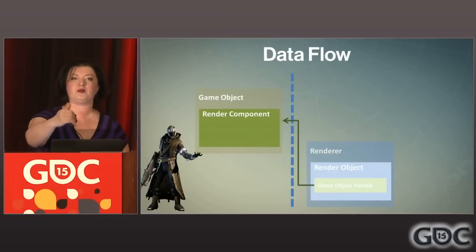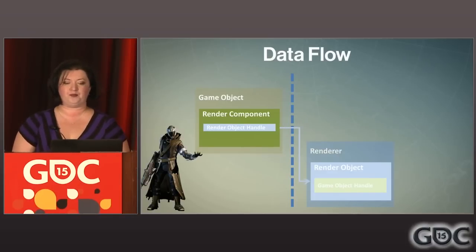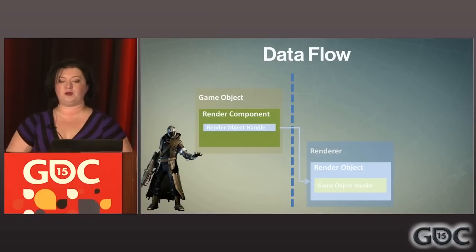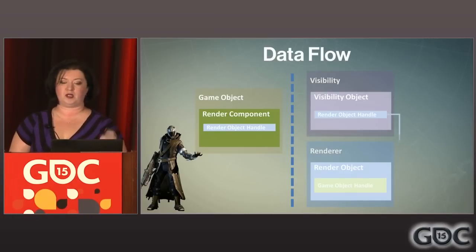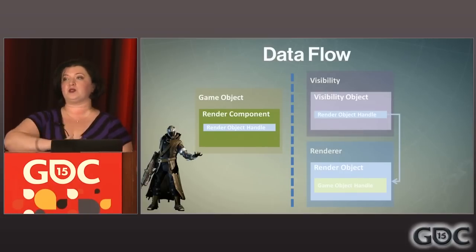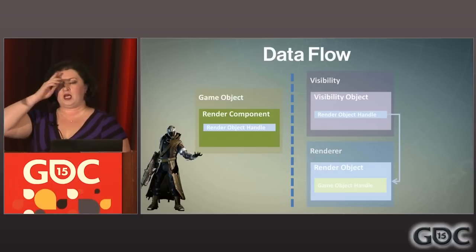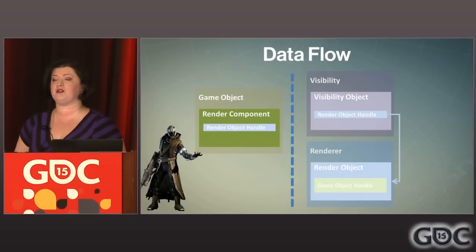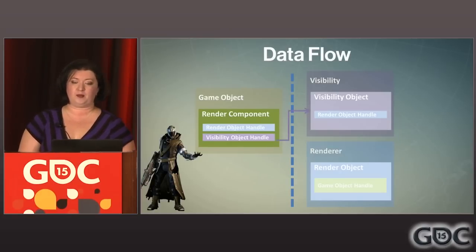This is the interface that we'll use to communicate during extract. The renderer then returns a handle to the render object back to the game object, which of course caches it locally to the component. Using the render object, we then register with visibility, and then visibility caches the render object handle, and this is exactly how we're going to drive the visibility and extract pipeline.